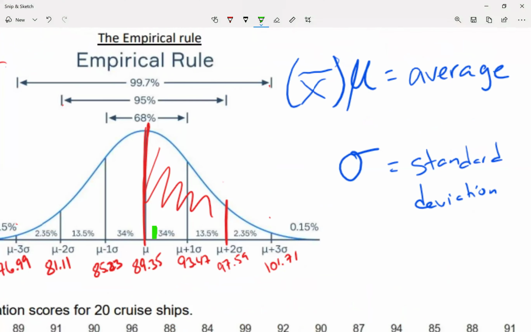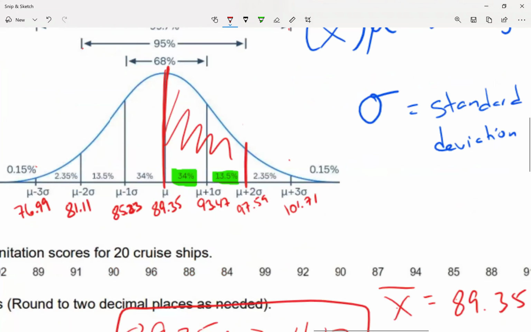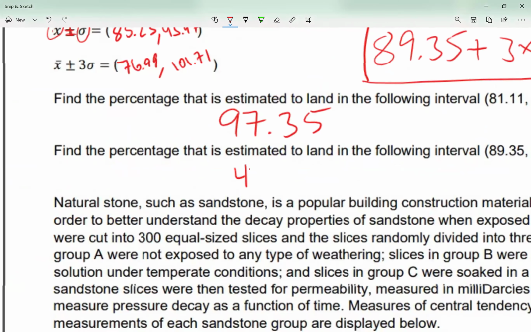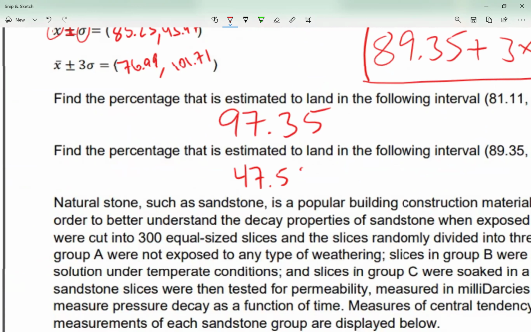To be honest, I'm just going to add these two percentages, 34 plus 13.5. That's going to give me 47.5%. So now here I'm going to write 47.5. Don't have to write the percent symbol because it's asking in percentage, so it means that I'm dealing with percent.